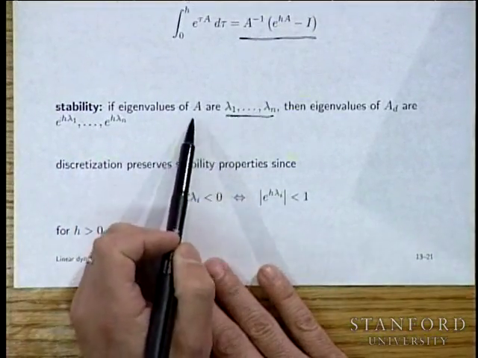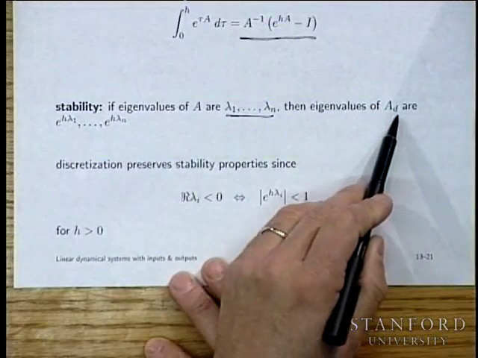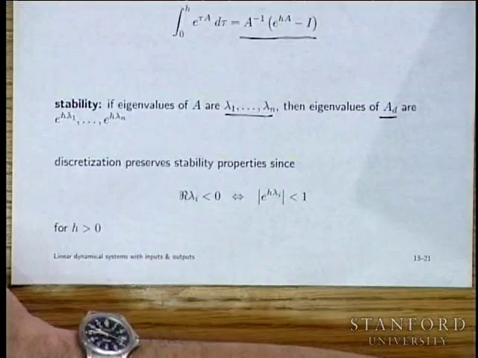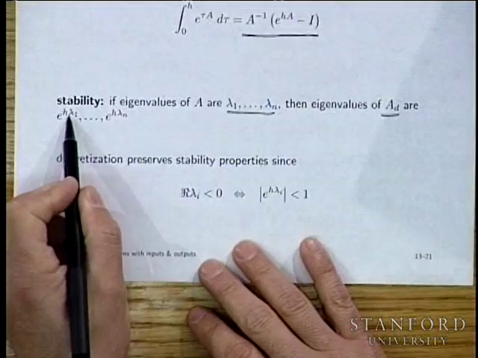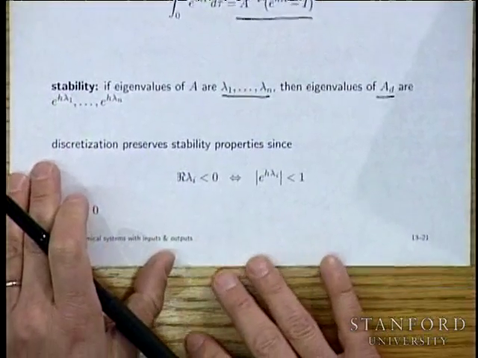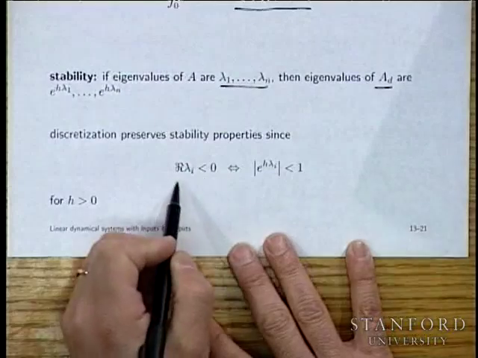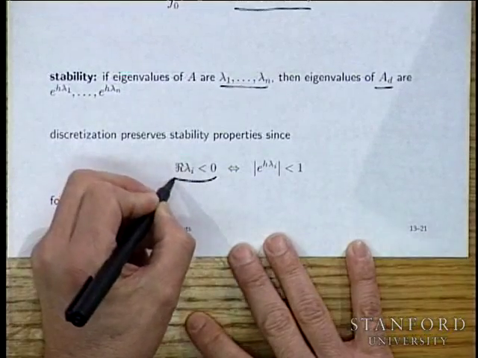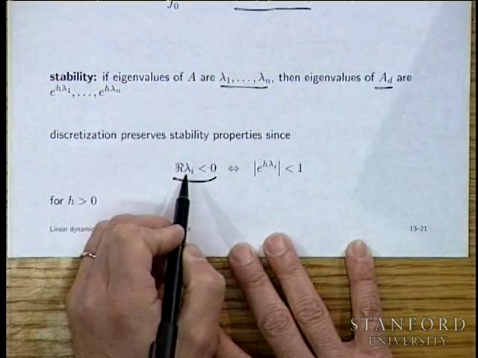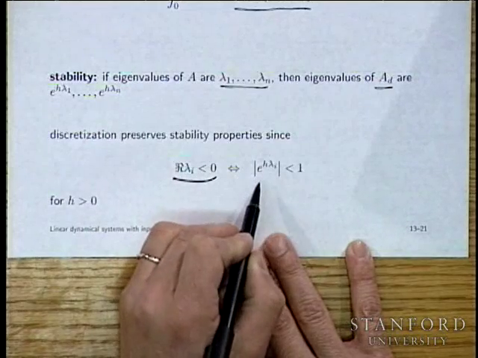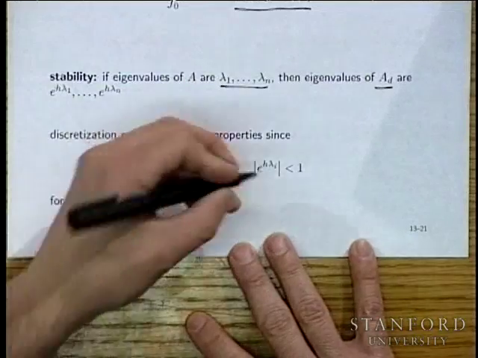So here you would know that the eigenvalues of AD, which are given by just an exponential like this, would be e to the h lambda 1 up to e to the h lambda n. And that's interesting because it turns out that the real part of a complex number is less than 0 if and only if the magnitude of its exponential is less than 1. And the reason is very simple.